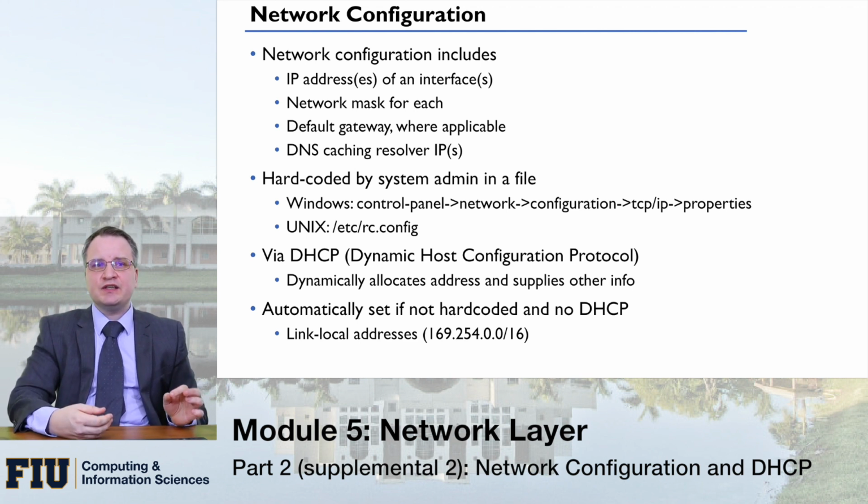There is one more thing. This would not allow you to communicate globally, but if you didn't get a manually configured IP address, and you didn't get one through DHCP, there is still an address that will be assigned to you by a compliant IP stack. It will be a link-local address.